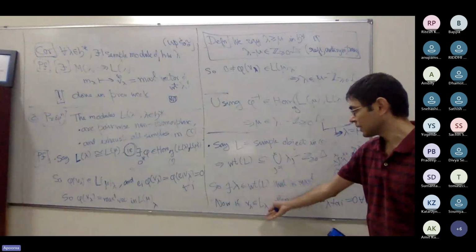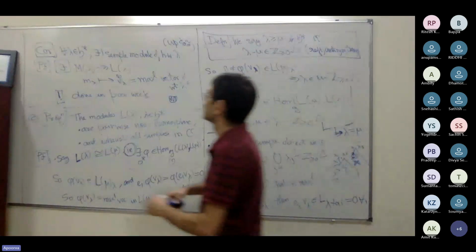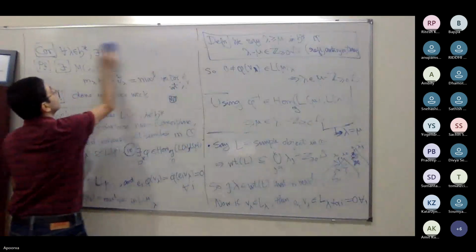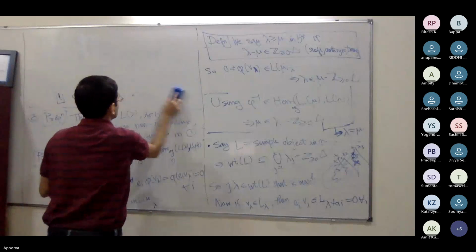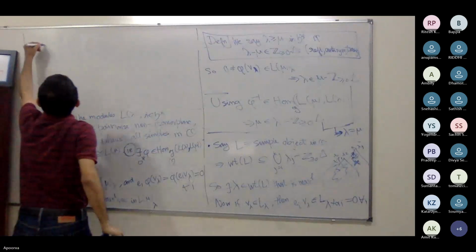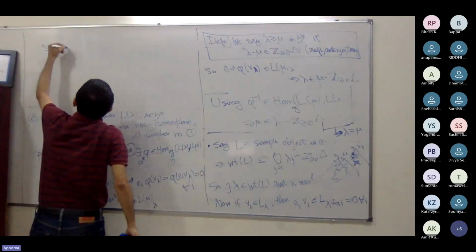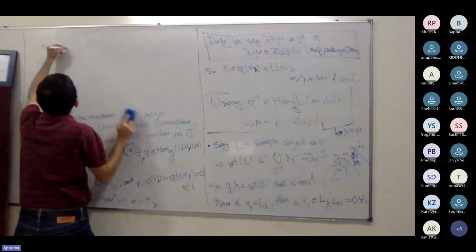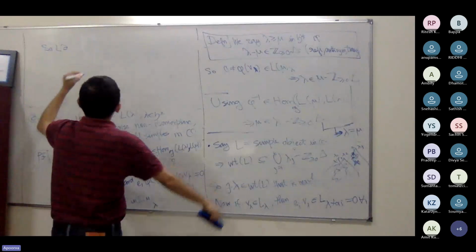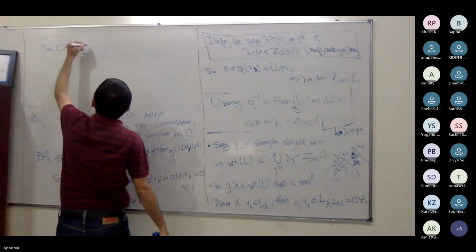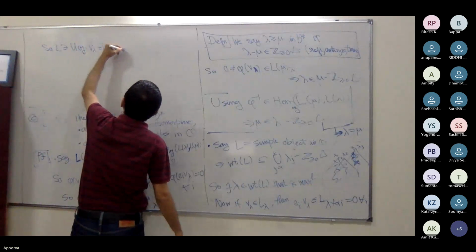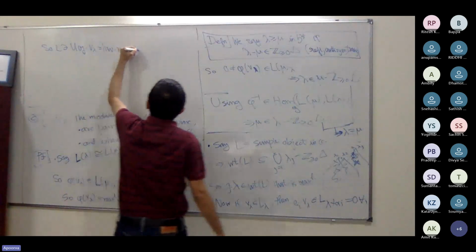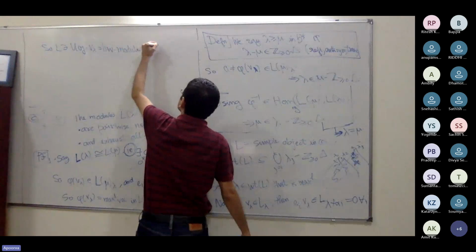And therefore now L_lambda contains a highest weight vector. So L contains U(g) times v_lambda, which equals the highest weight module, which surjects onto a unique simple quotient.